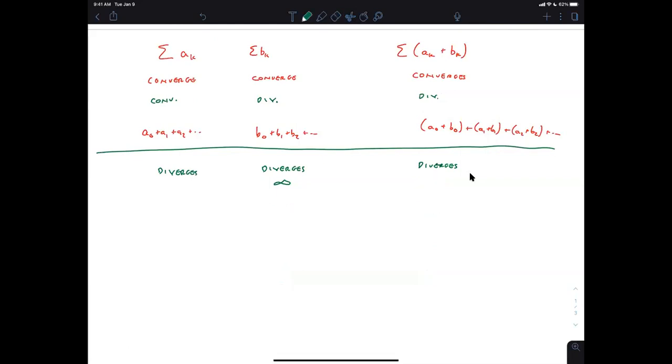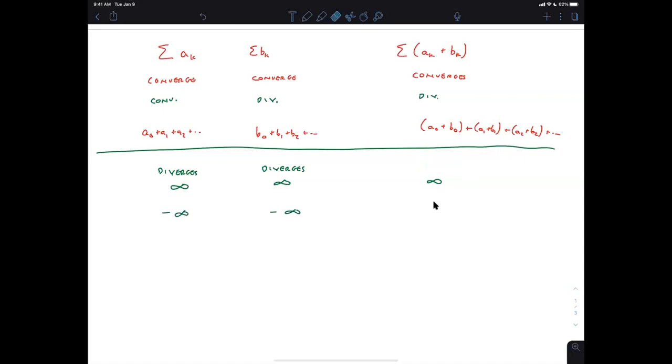The easiest way for them to diverge is if they both go to infinity, right? So if they both go to infinity and you add them up, what do you think the total does? It goes to infinity. What if they both go to negative infinity? What happens to the total?